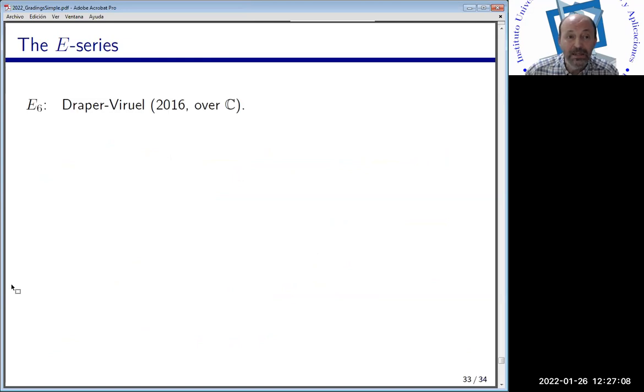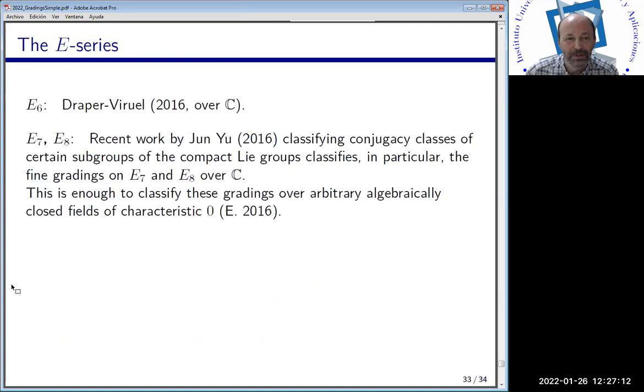But for the E series, we know about the gradings over the complex numbers using other kinds of tools, including moving to compact Lie groups and studying certain subgroups of the compact Lie groups. And with this, we know what the fine gradings look like over algebraically closed fields in characteristic 0.